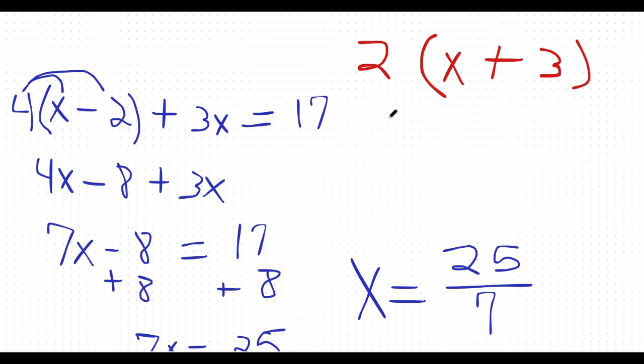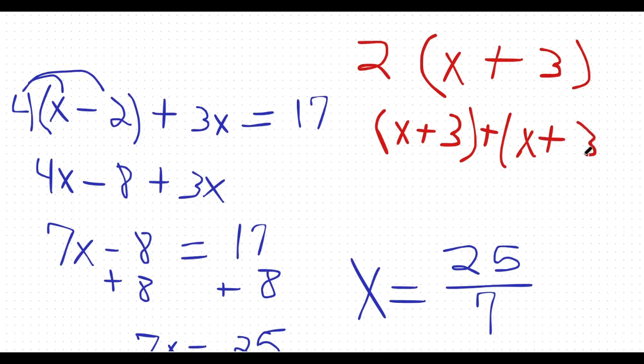This is the same thing as writing x plus 3 plus x plus 3. So these are the same, and we can combine like terms, as we've learned to now, as 2x plus 6. These are equivalent terms here.